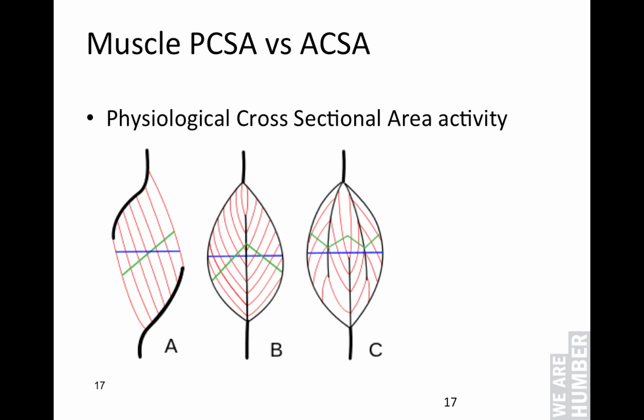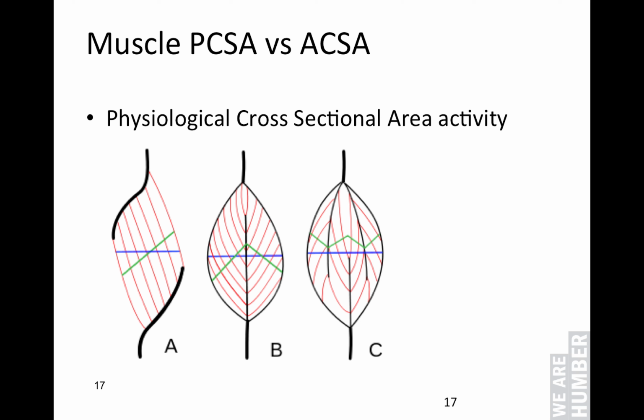You most probably found that in muscles like bipennate or multipennate muscles, the physiological cross-section was longer than the anatomical cross-section. Why is that an advantage? Why do we have muscles that have a larger cross-sectional area?